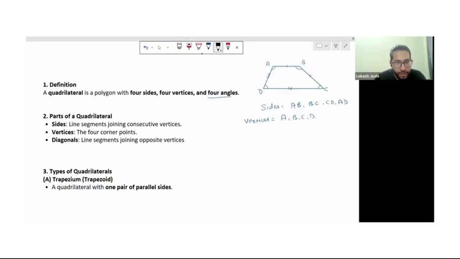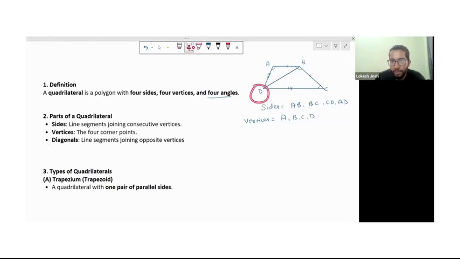Now this thing is the diagonal. Diagonals are the line segments joining opposite vertices. So in this polygon of four sides, which is known as quadrilateral ABCD, if we start from D, suppose it goes up to B, then this straight line joins opposite vertices.